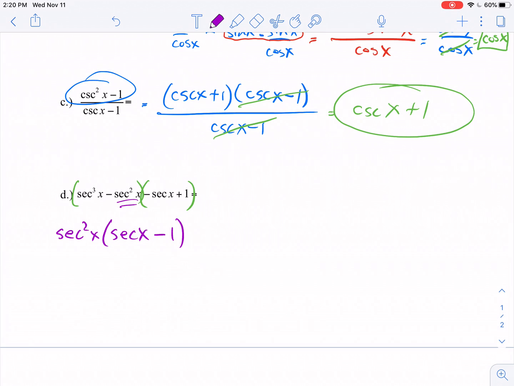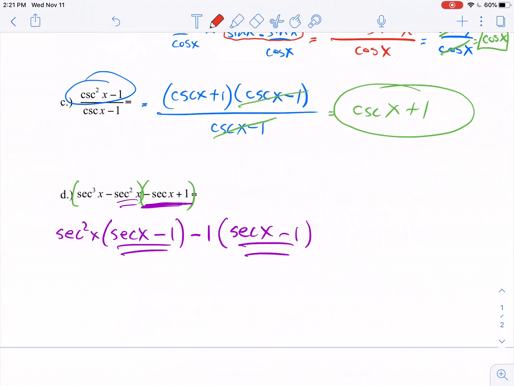And then in this term, there's really nothing that they have in common, so what I'm going to do is factor out a negative 1. Could be a positive 1, but I'm going to do the negative 1. So negative secant divided by negative 1 would be secant. This 1 divided by this negative 1 would leave me with the negative 1. So that's why I chose to do the negative 1, because these two things are identical.